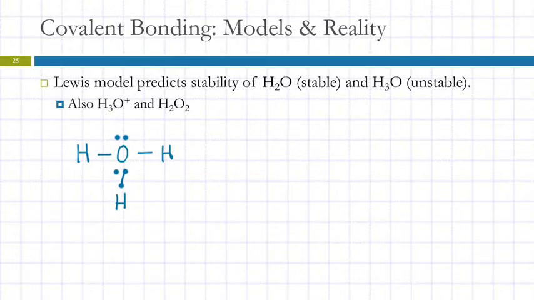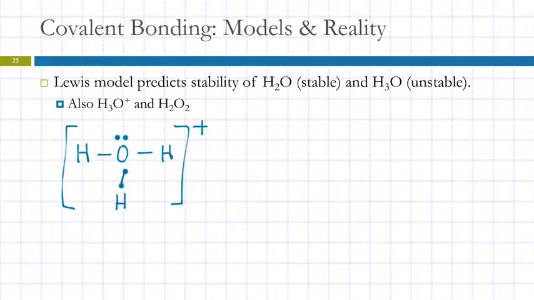Well, what about H3O plus? How would we turn H3O into H3O with a positive charge? Take off an electron. Well, let's take this guy off. He seems out of place. And then when we do that, we have to indicate that this has a charge now. Otherwise, people are going to look at it and say, you didn't put enough electrons in there.